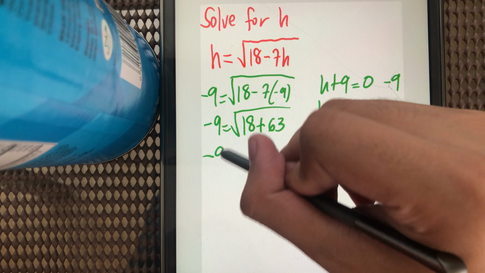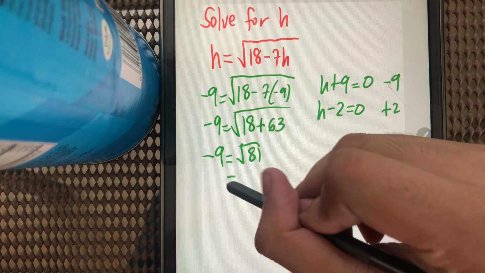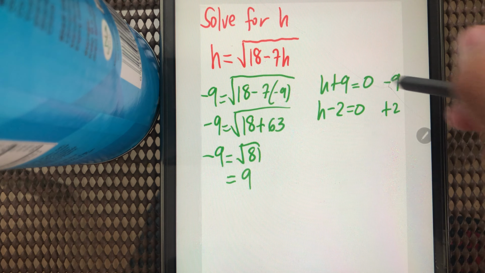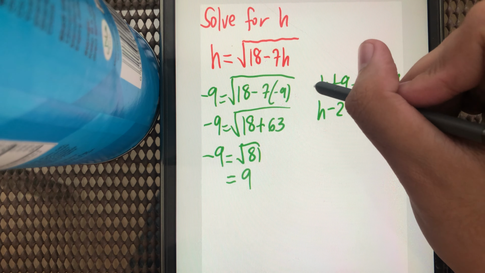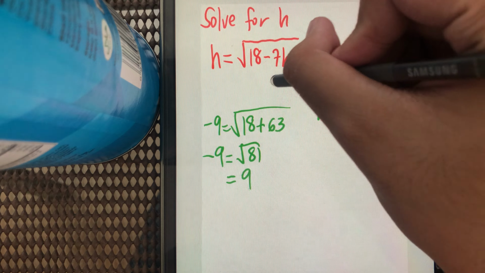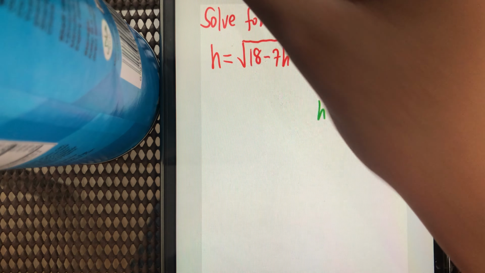And minus 9 is equal to square root of 81, which equals 9. So this h plus 9 equal to 0 and h equal to minus 9 is rejected, as it will result in a false expression, a false statement.